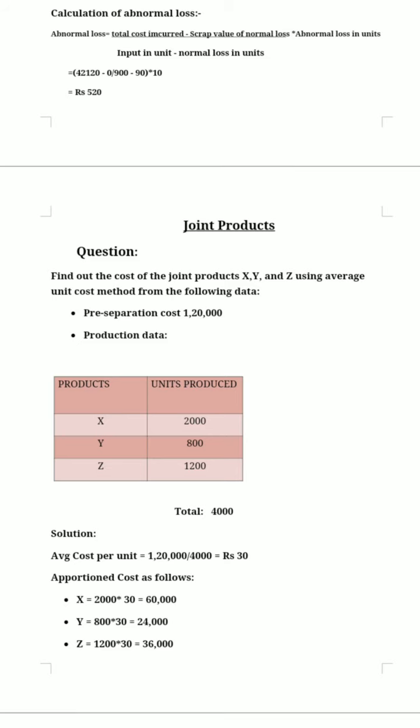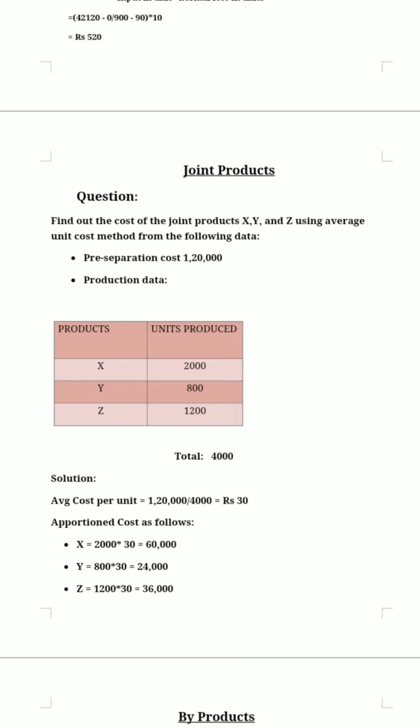For X, 2,000 into 30 equals 60,000, for Y, 800 into 30 equals 24,000, and for Z, 1,200 into 30, that is 36,000. Therefore the apportioned costs are: X equals 60,000, Y equals 24,000 and Z is 36,000. Now the question is solved.